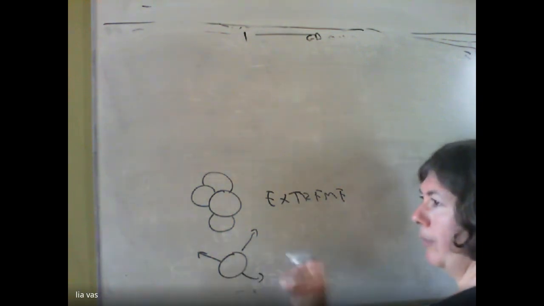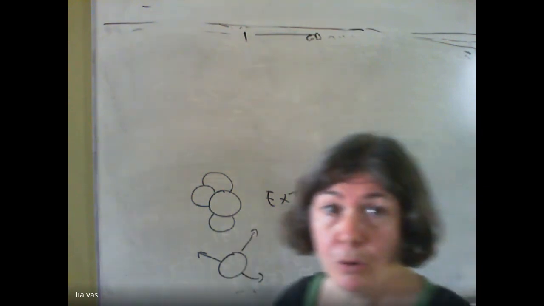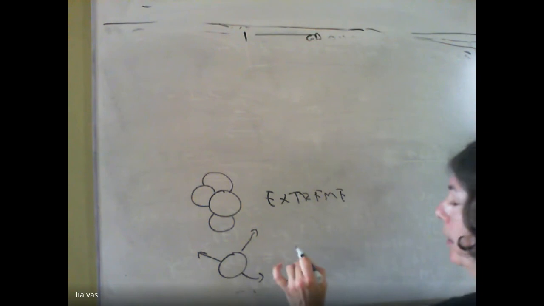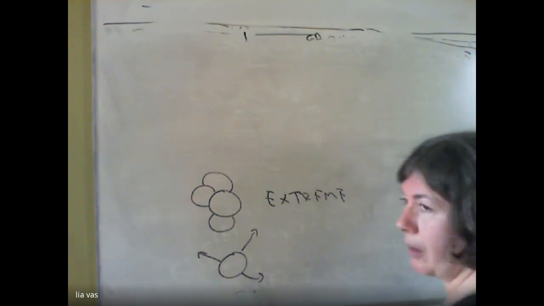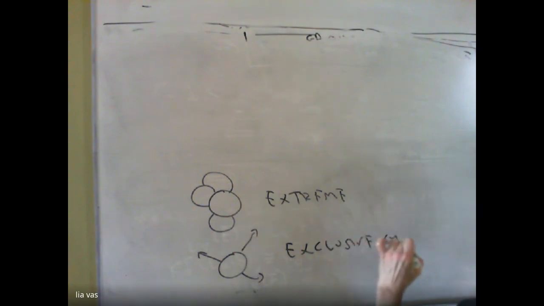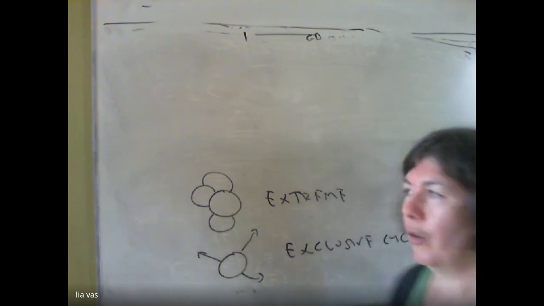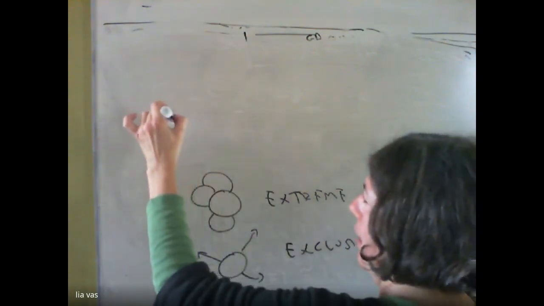If you are interested in this, I recommend going over that last part of the notes, because these are called exclusive cycles, and also the sinks and the acyclic part.